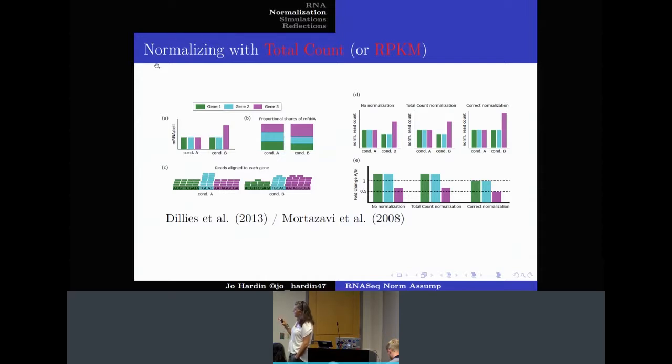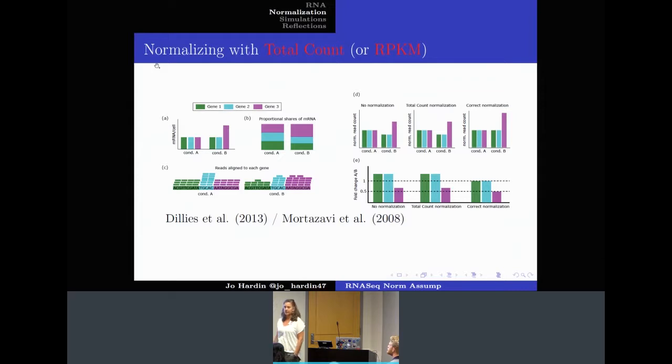Okay, so if we just count the number of reads at the end, these are the reads that get aligned, and we end up with a picture like this that says that the blue and the green are down-regulated, and that the purple is up-regulated. But this is not actually what happened, right? And this is what would happen if we did something like total count normalization as well.